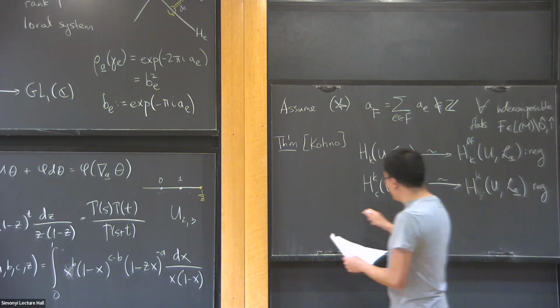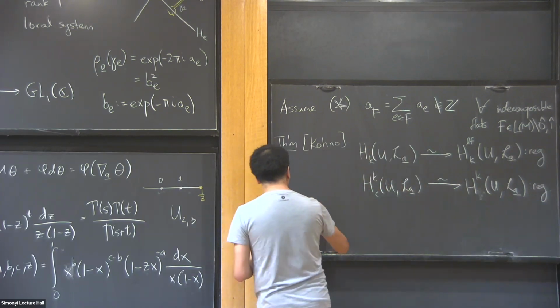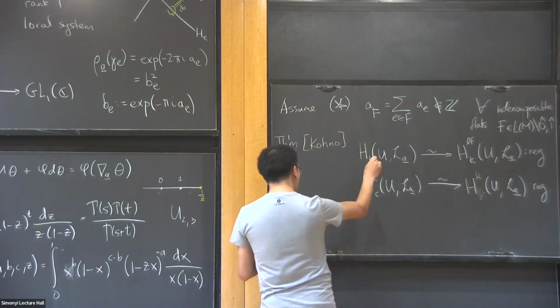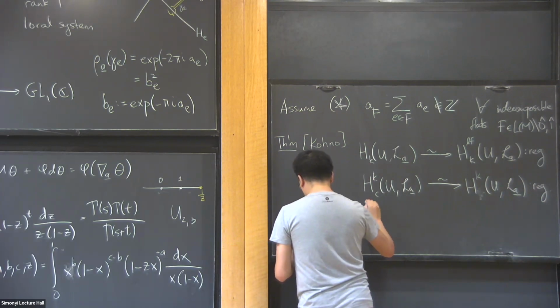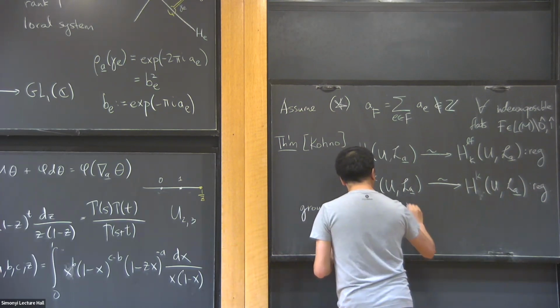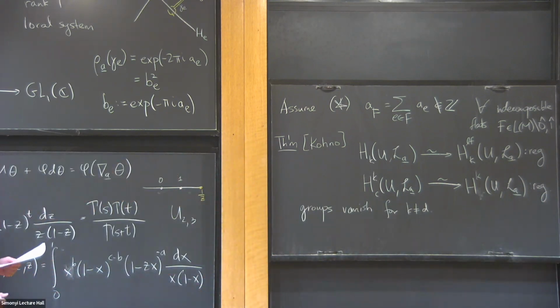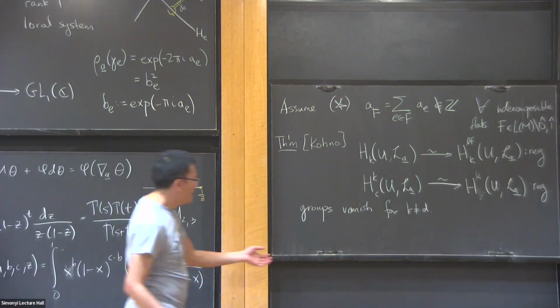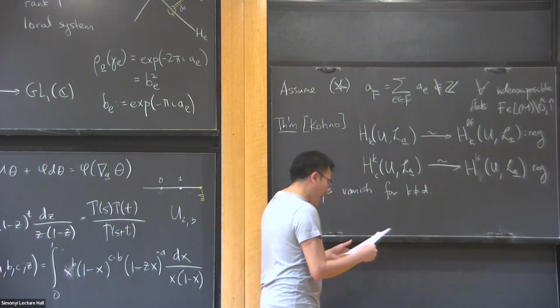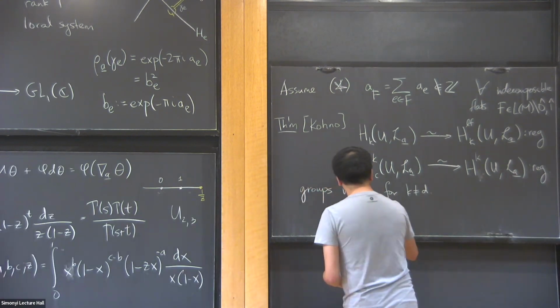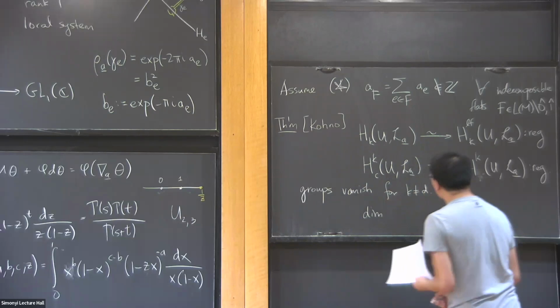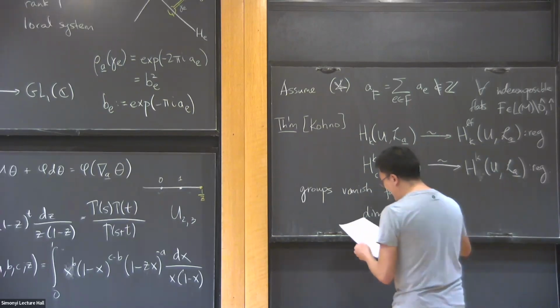And also, as a corollary of this, these groups vanish for degree not equal to the middle or top dimension, depending whether you're doing real or complex dimensions. And also something that separately we know is the dimension of the one that doesn't vanish.